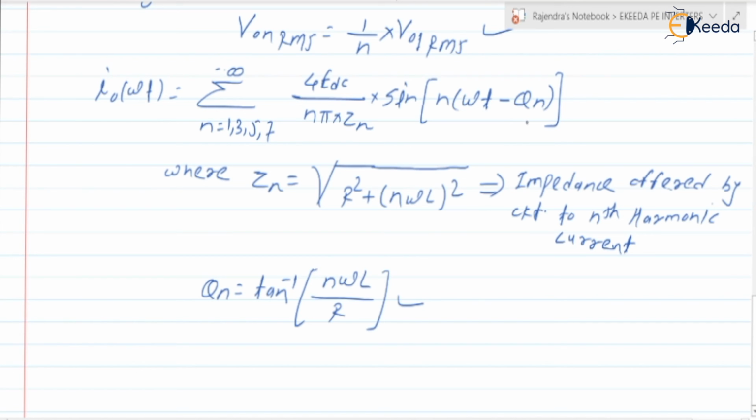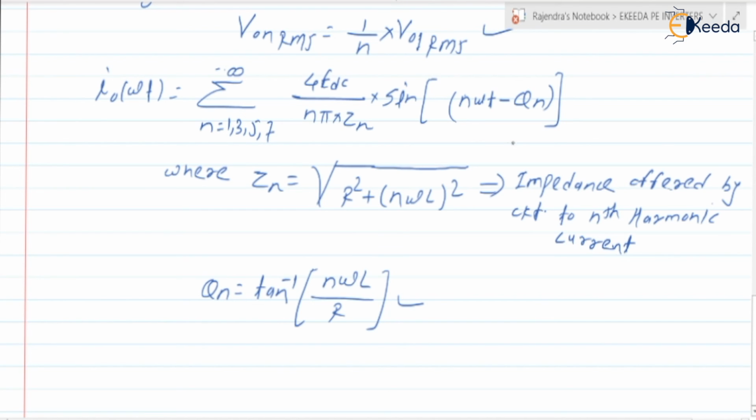It should be nωt minus θn only. The n should not be multiplied with θ again, because we have already taken care of n here.